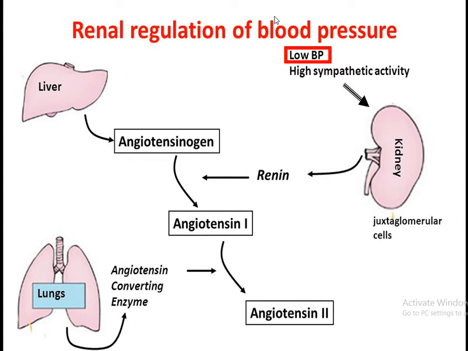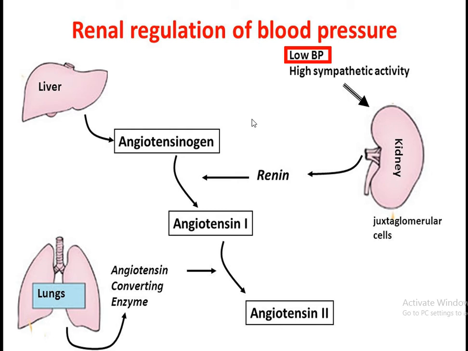One more way to explain all these mechanisms, and in this diagram I am going to show the involvement of the liver and the lungs. Through this picture you must remember, and it will become very easy to remember, how many organs are involved in the angiotensin mechanism and this type of control of the blood pressure.